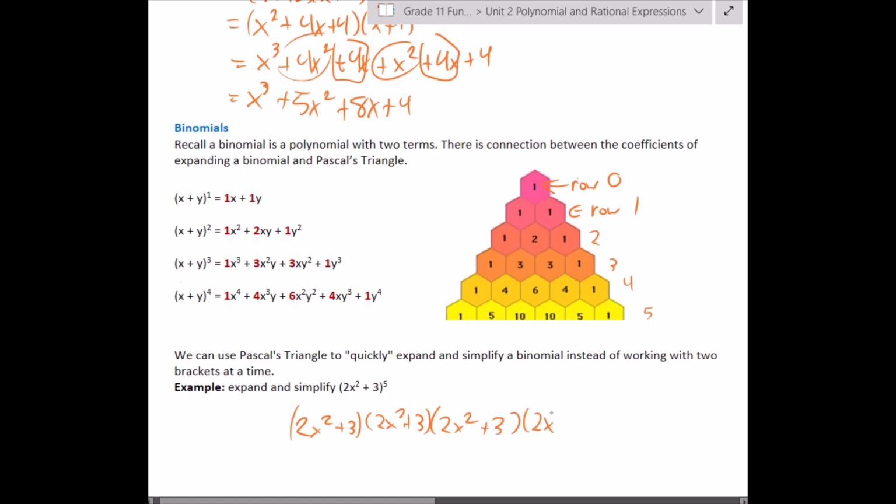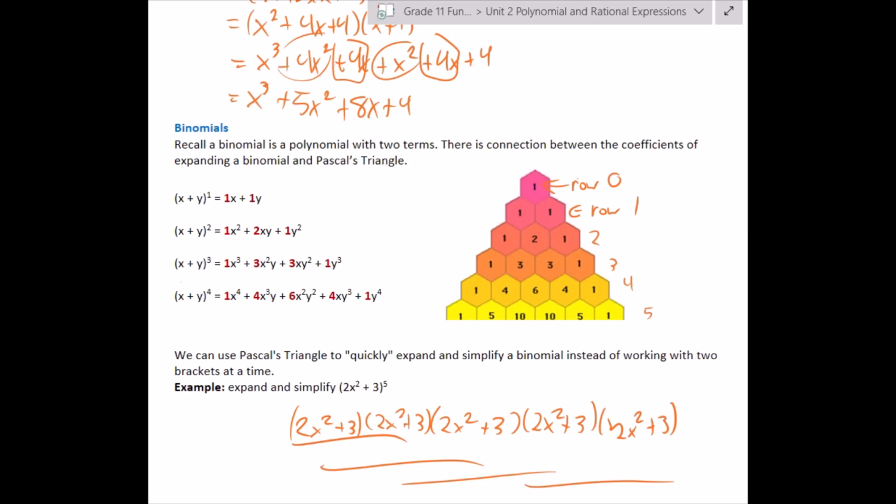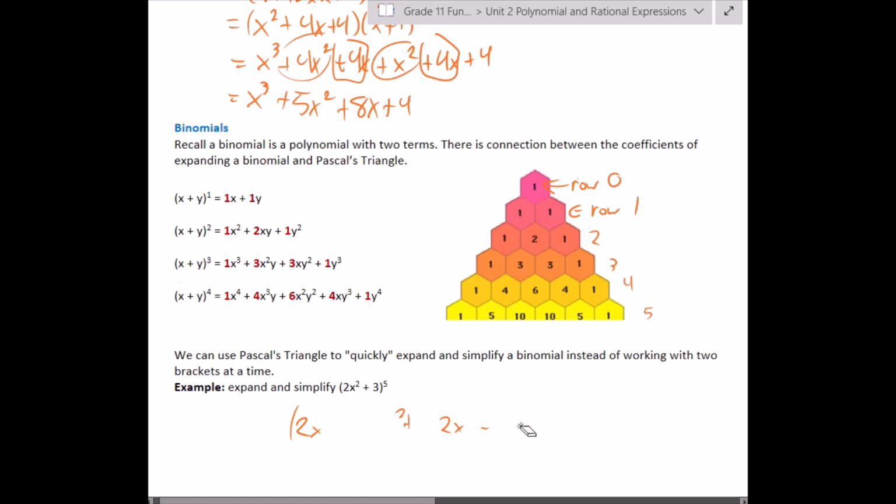We've got 5 of these brackets, and you do these two, take that answer, expand with the next bracket, expand with the next bracket. You do a lot of expansions here, and you'll be creating bigger and bigger brackets every time you do this. It can become very tedious and can take a very long time.